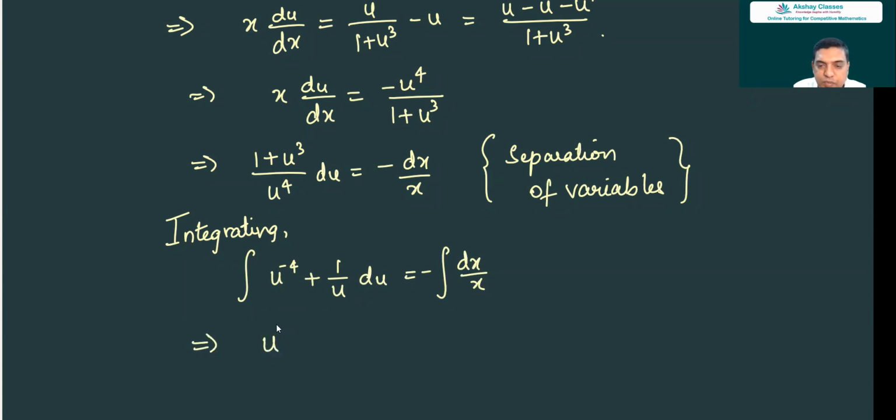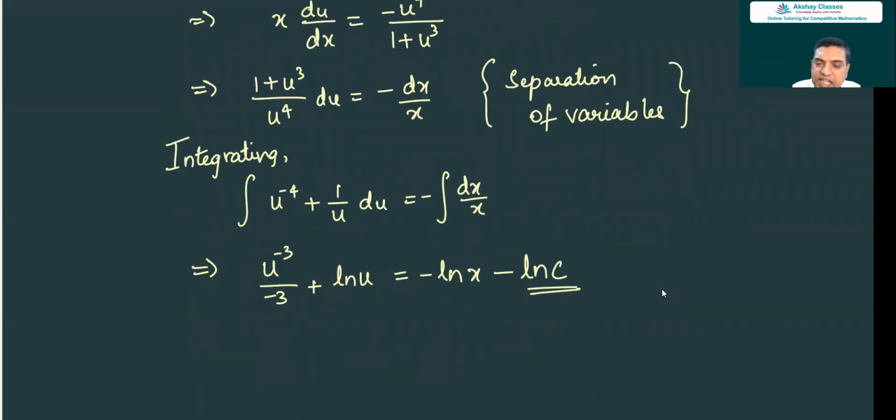So this is u power minus 4 plus 1 upon minus 4 plus 1, plus log u is equal to minus log x. And if required, we can write a constant as log c, that may be easier. The constant can be anything. We are writing the constant as log c because if I eliminate the log, it will be easier.